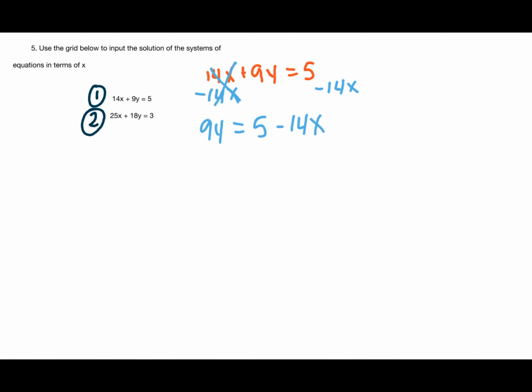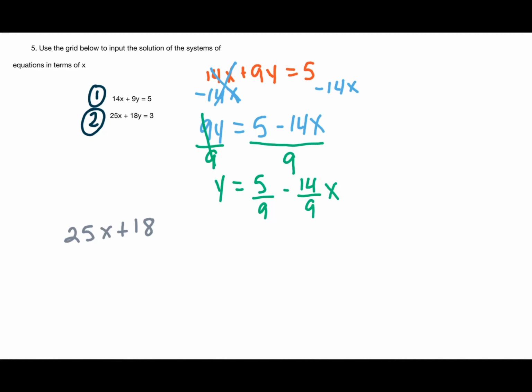And lastly, to get y completely alone, we divide by 9 on both sides. The 9's cancel out on the left-hand side, and we have y equals 5 over 9 minus 14/9 x.